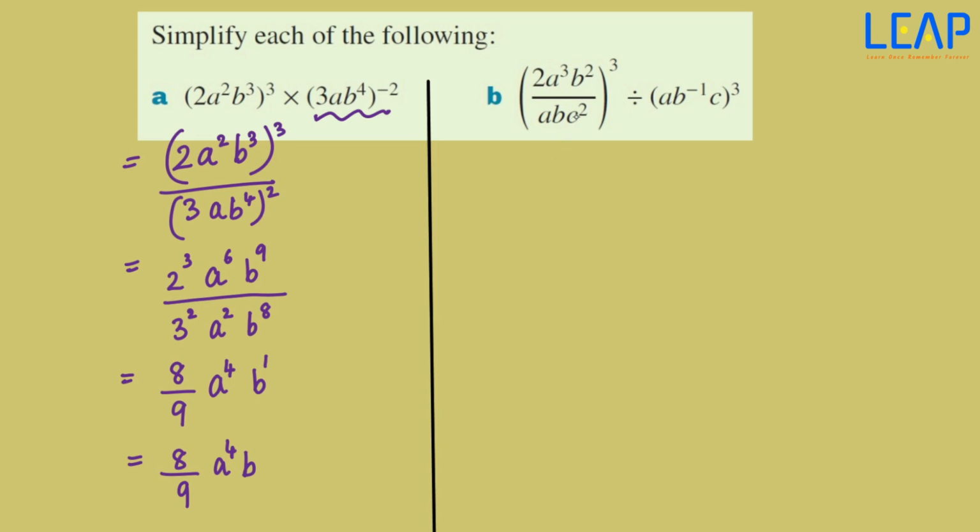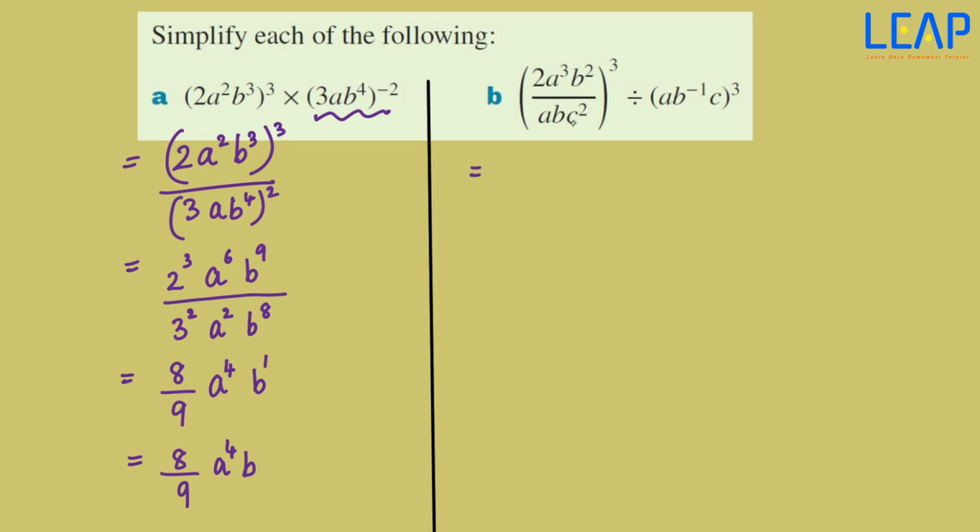One method is to simplify the base in the brackets and then work on the exponents later, or you can bring down the exponents and then work with the base. I would prefer working with the base first and simplifying it, then applying the exponents.